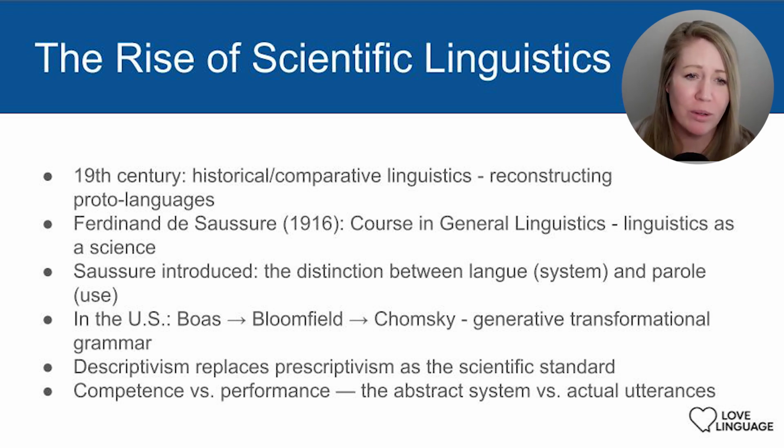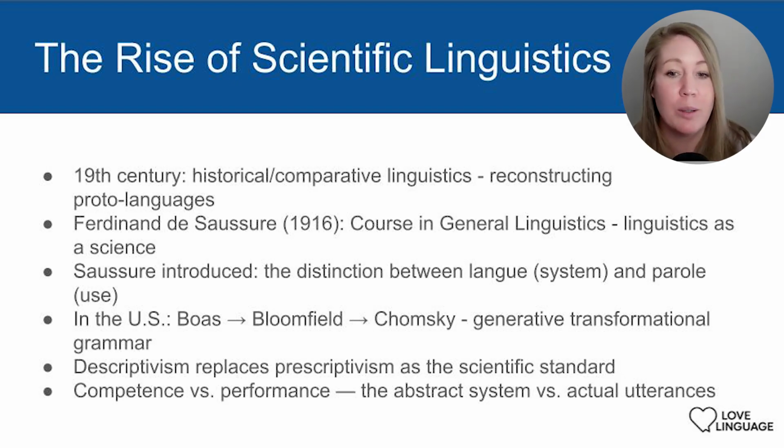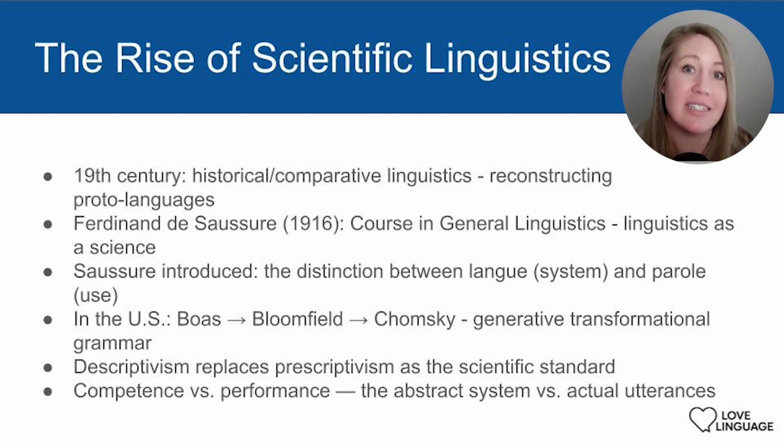teach. So the point I want to land on is that the scientific tradition in linguistics is fundamentally descriptive. It describes what speakers actually do. It does not tell speakers what they should do. Prescriptivism, as we covered, has no standing in scientific linguistics, none at all.